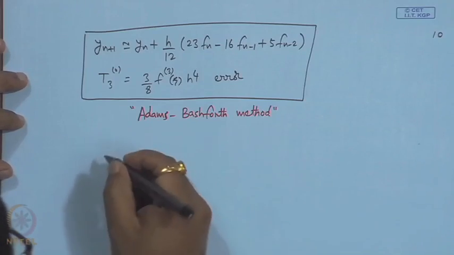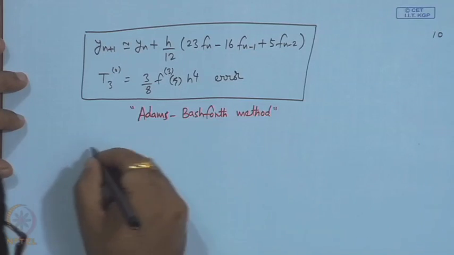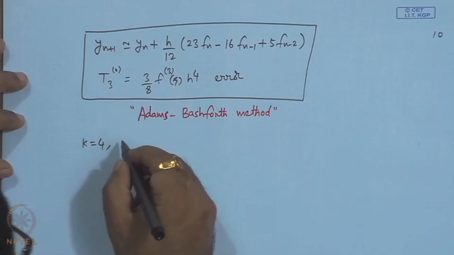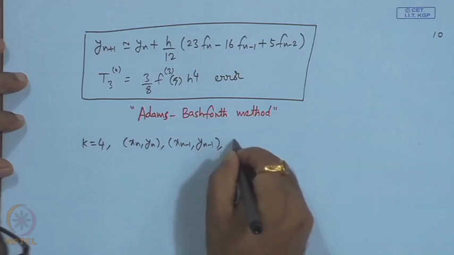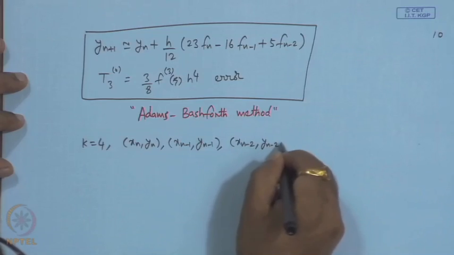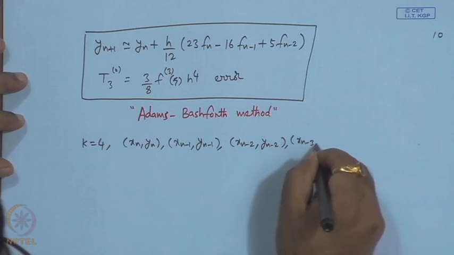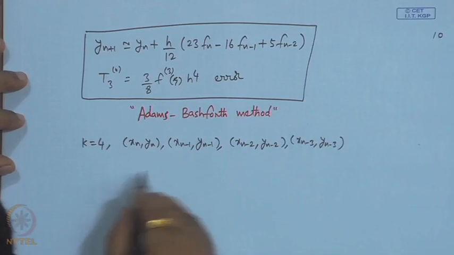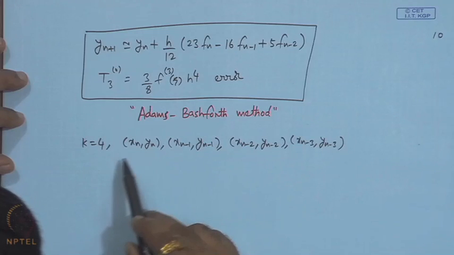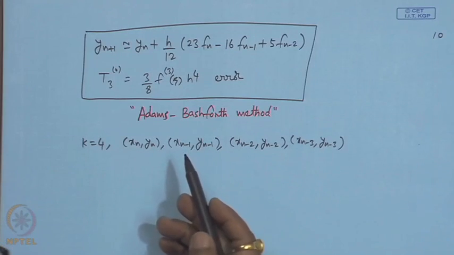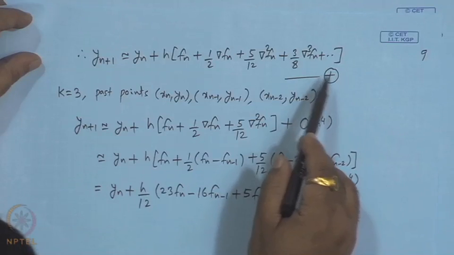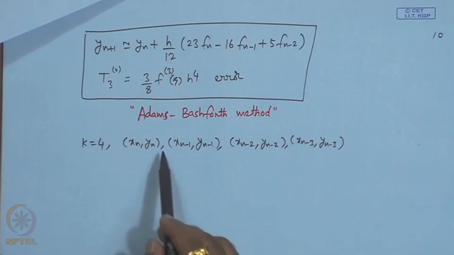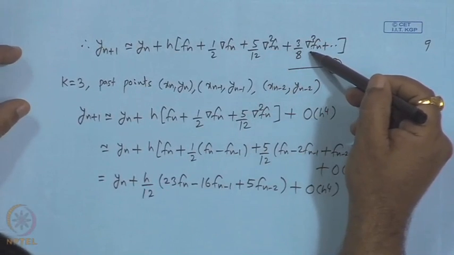So, k equals 4 and the points are... Now I am not explaining the derivation, because all that we have to do is simply take our general expression, and since we have 1, 2, 3, 4 points, we can compute the differences up to third order.